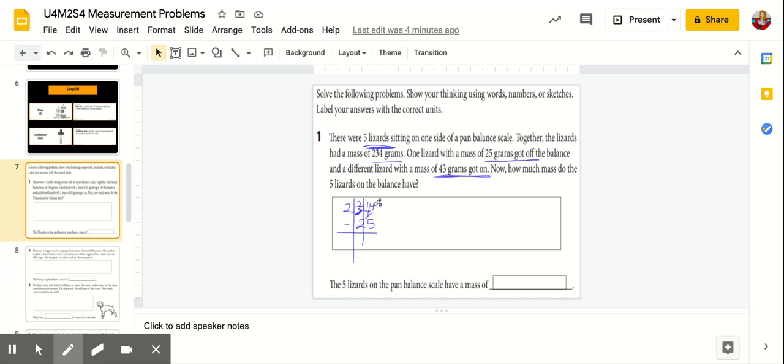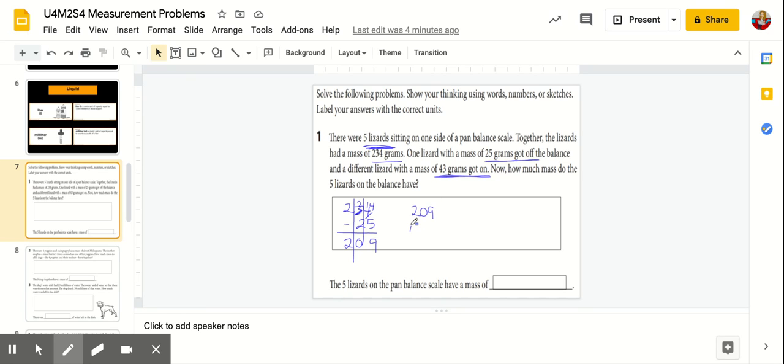So now I have 14 instead of 4. 14 minus 5 is 9. And I only have 2 tens, and I have to take away 2 tens. That's easy. And I have 2 take away 0. So once that 25-gram lizard got off, we were left with 209.